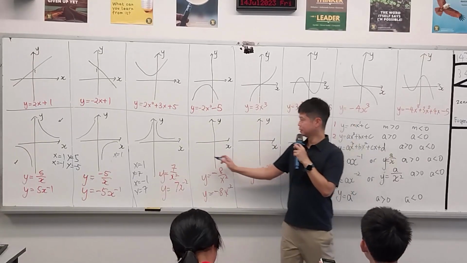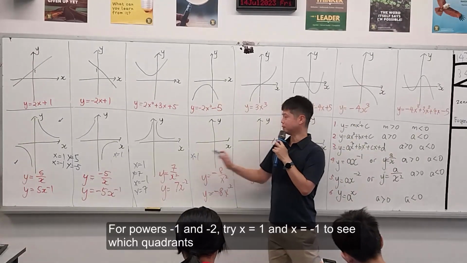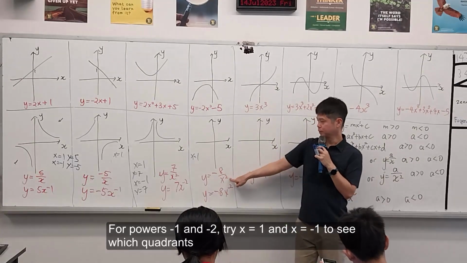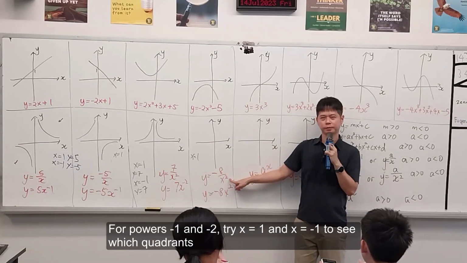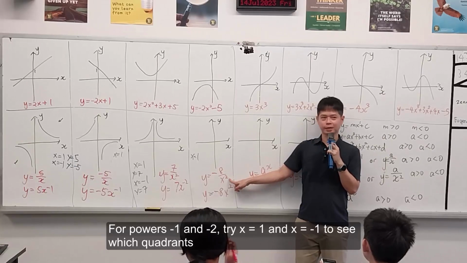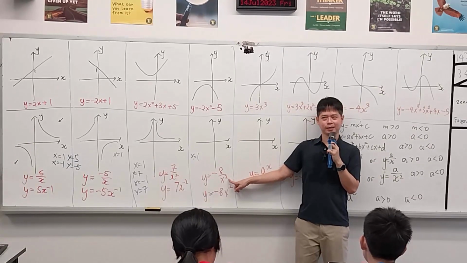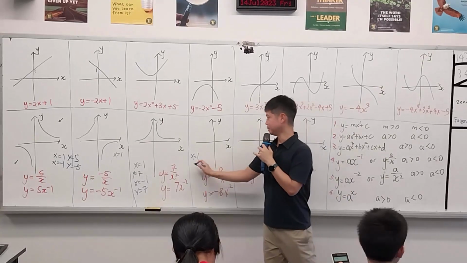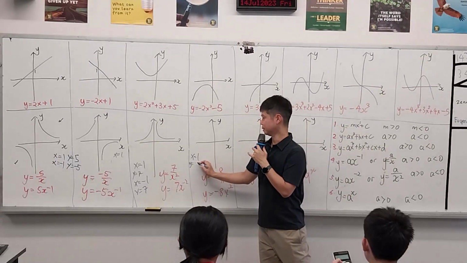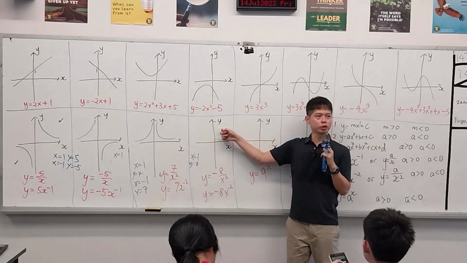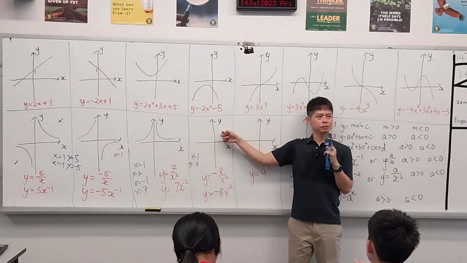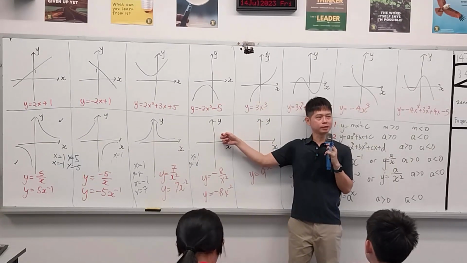Okay, finally, when x is 1, what is the y value? 8. No, press calculator. Yes, -8. Is this the quadrant? 1, -8. Is it here?